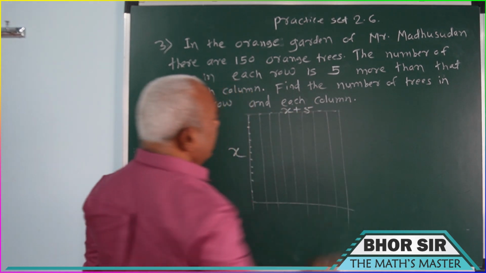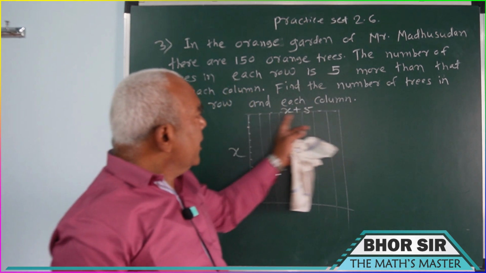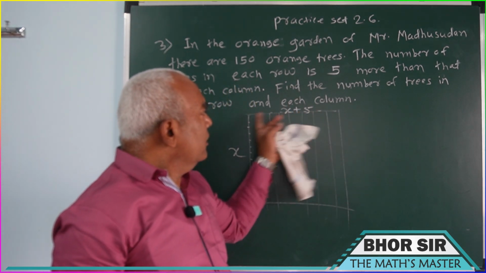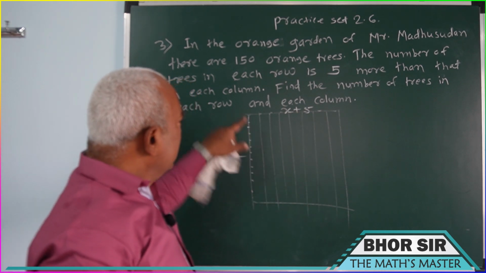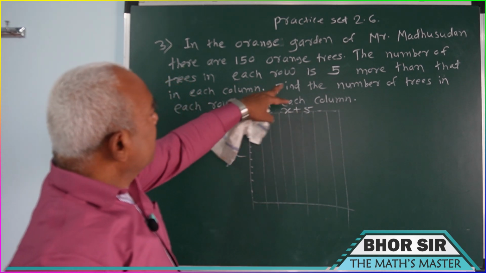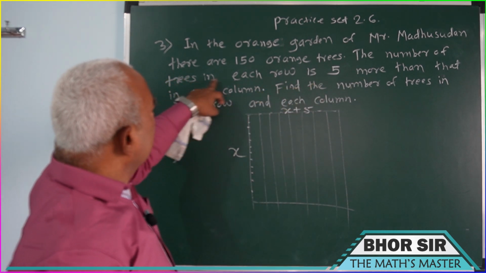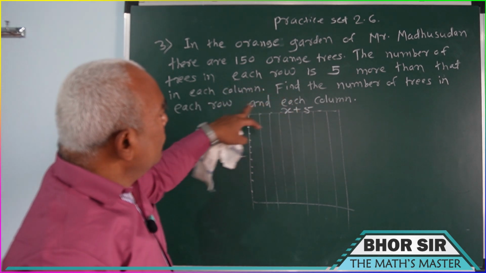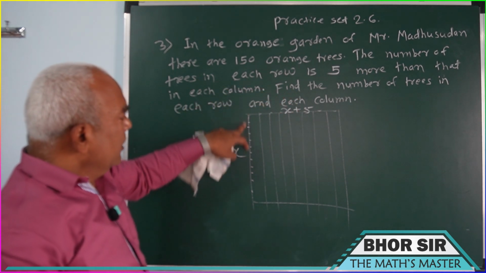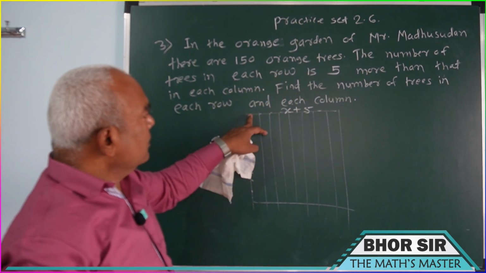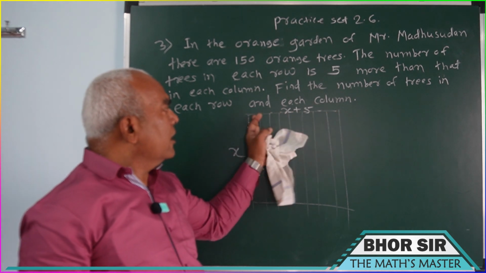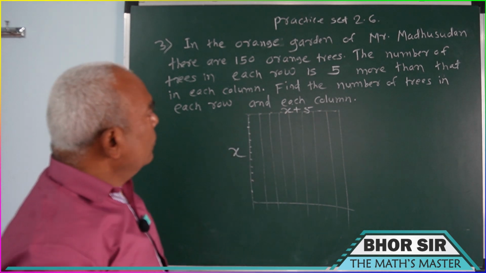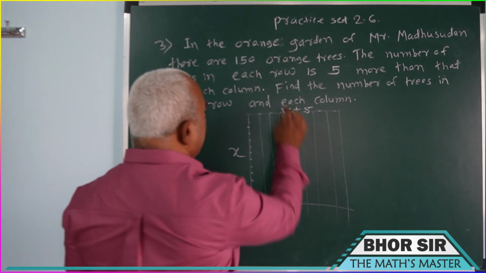There are x plus 5 trees in each row, and x trees in each column. See carefully here. In each column there are x trees, and we should say that there are x plus 5 trees in each row. Find the number of trees.